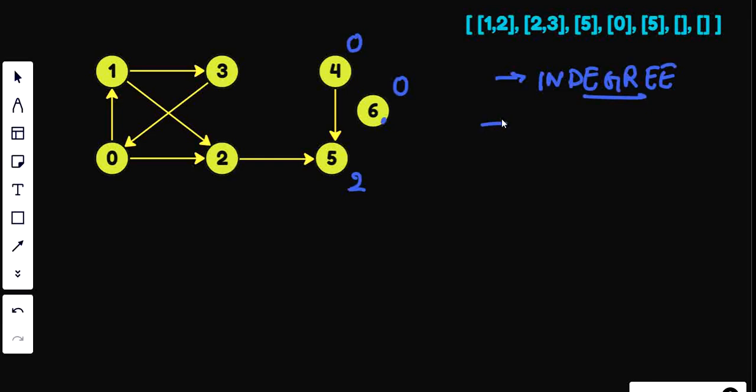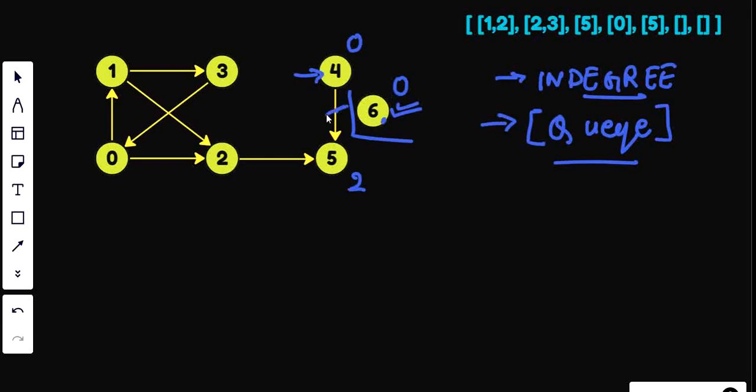Secondly, once the in degree of any node reaches 0, it deletes it from the graph and stores it in a queue. After that, it travels through that queue and deletes its outgoing edges. So if 4 is one of the nodes in my queue, it will eradicate this node, and after eradicating it, it will check whether the in degree of the node towards which it was going is 0.